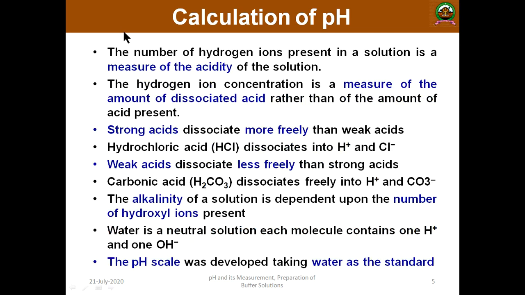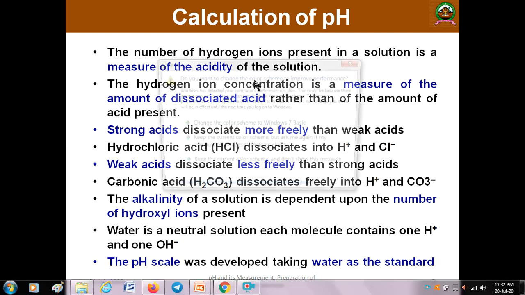Then in order to calculate the pH, we should know an important fact: the number of hydrogen ions present in a solution is a measure of the acidity of the solution. H plus ion is a proton. We have discussed in the previous class what is meant by an acid.